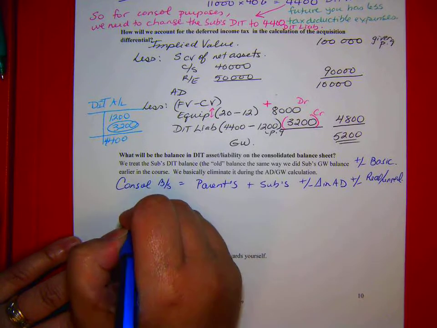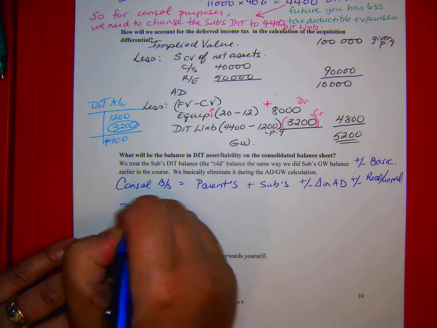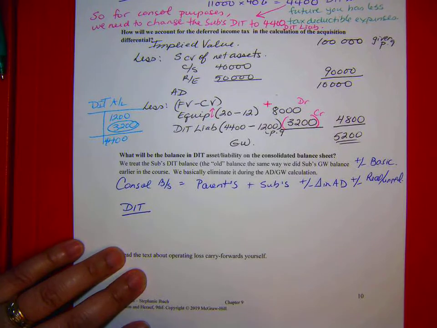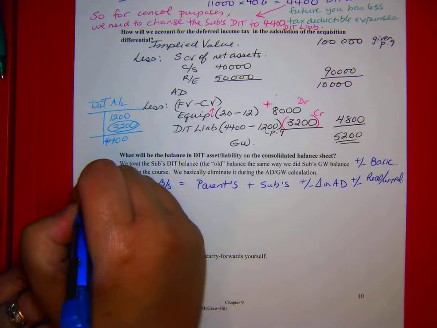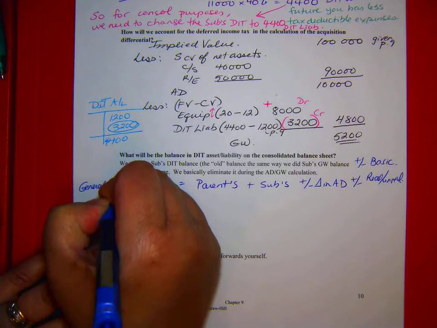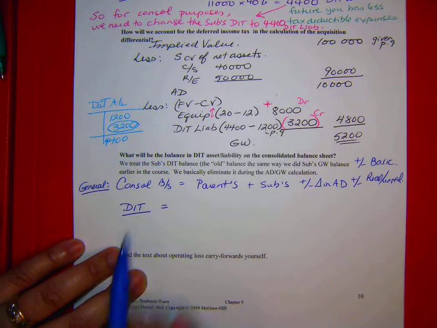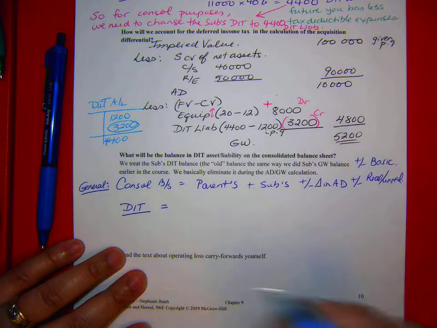So we care about DIT, and we don't know if it's going to be an asset or not. So this is general, but we're looking just at DITs, which depends, we can keep it different.